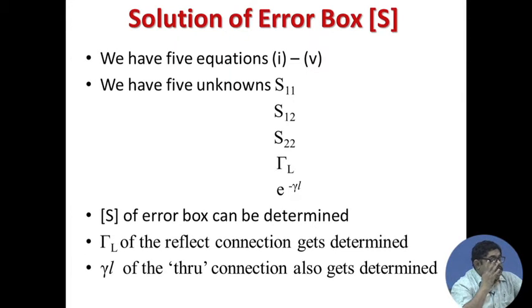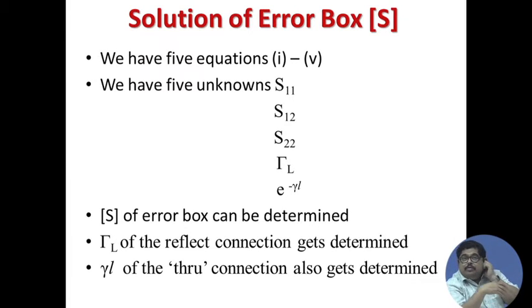We have 5 unknowns, S11, S12, S22. Due to the error box reciprocity, we know S12 and S21 will be the same. So, S21 is not shown here. So, S11, S12, S22, 3 unknowns.